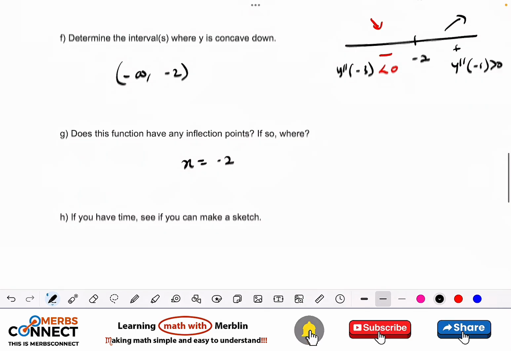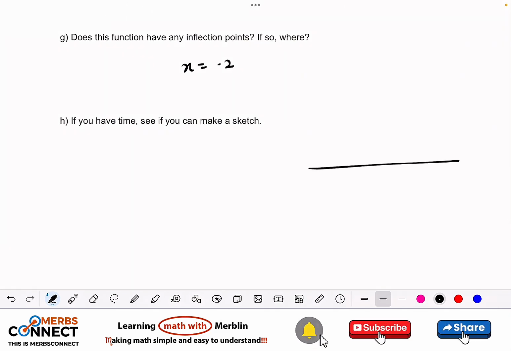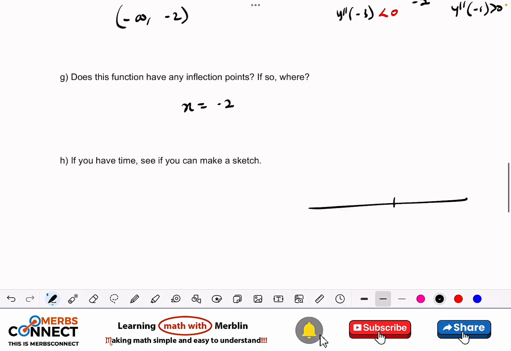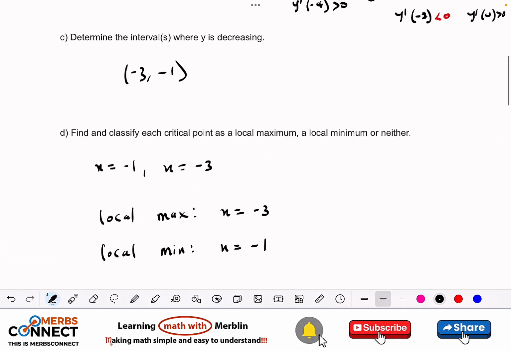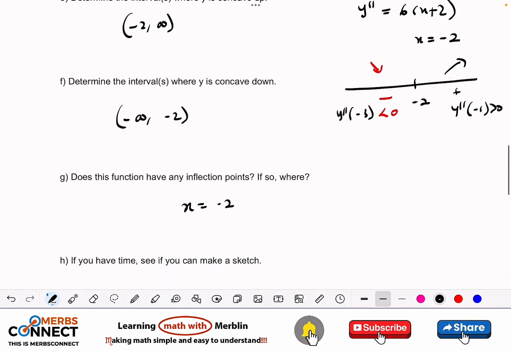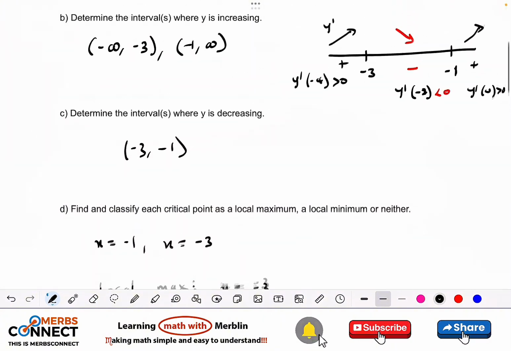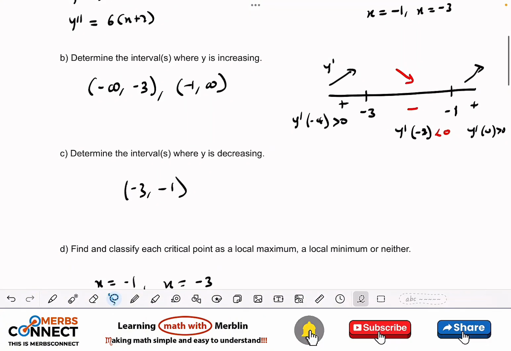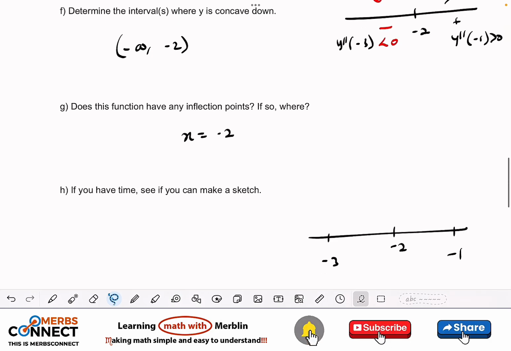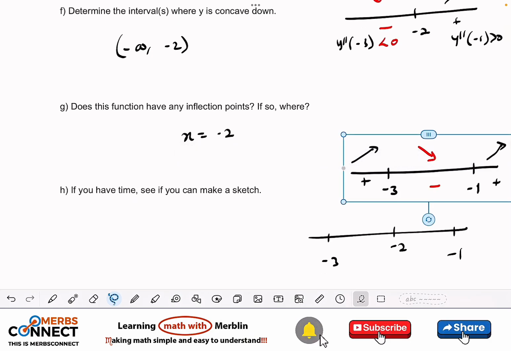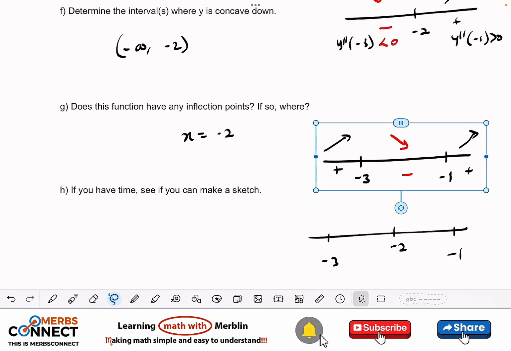So let's try and sketch by adding all the graph together, right? So we have -2, and then the one that is having this one, we have -1, -3. So -3, -1. We saw that, so let me just take the whole of this and send it down there, copy, and paste it here so that we can analyze that to sketch the graph.